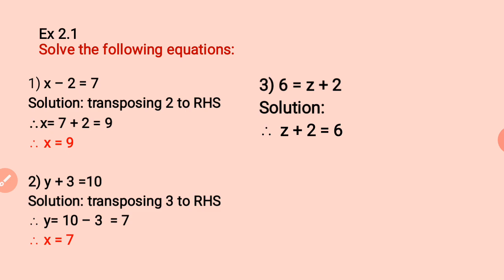LHS and RHS exchange their position. So it is just swapping and no change of sign. Sign will be changed only when you are transposing, which we do now. z equal to 6 minus 2, that plus 2 moves on the other side becomes minus 2 and you get z equal to 4.